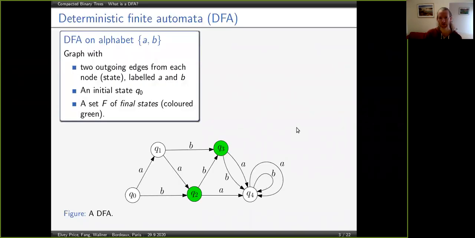Okay, so a DFA for a binary language, binary alphabet A, B, is just a graph in which each vertex, node, or state has two outgoing edges, one labeled A and one labeled B. We also have an initial state Q0 and an explicit set of final states which are drawn in green.